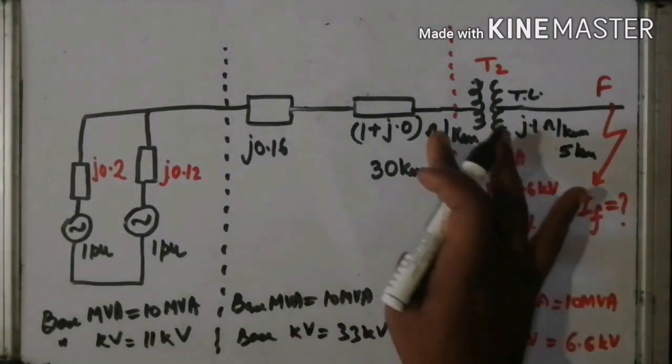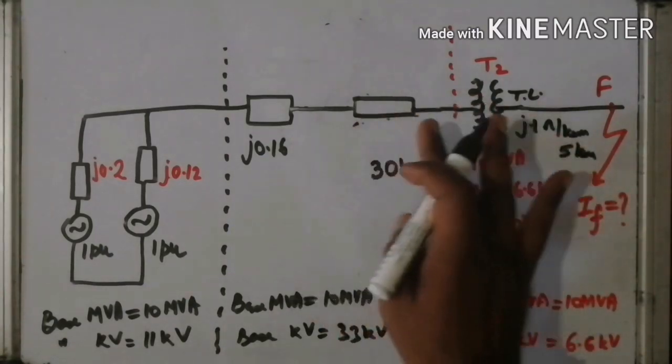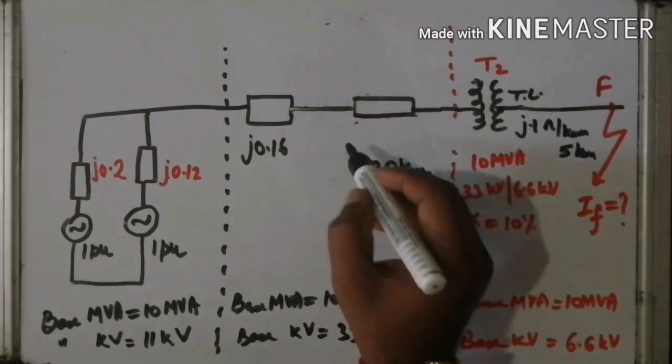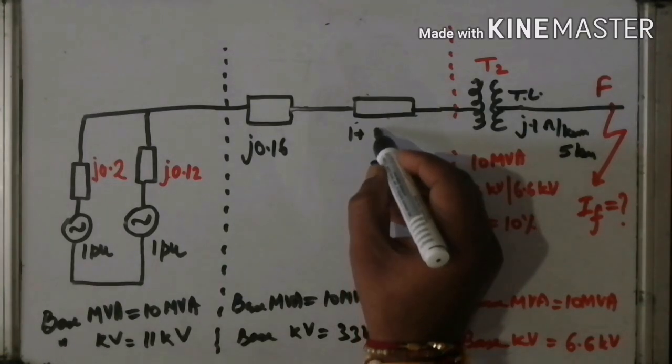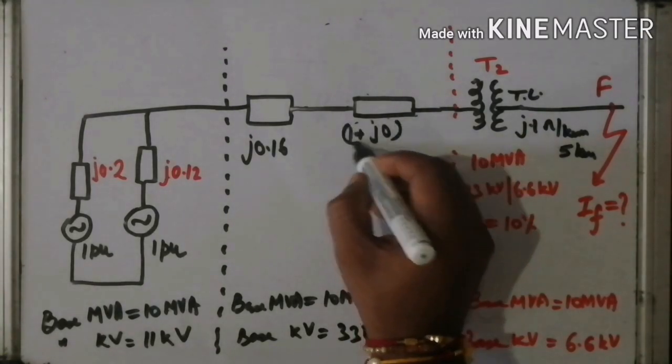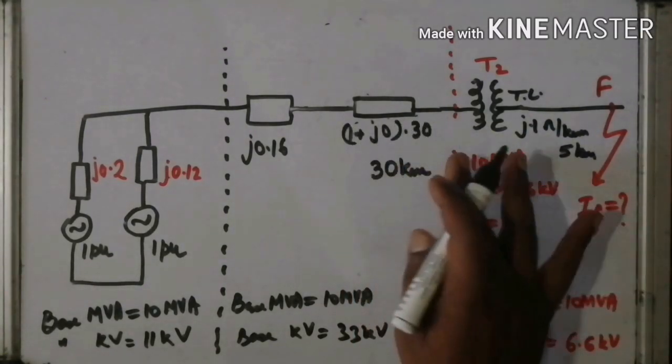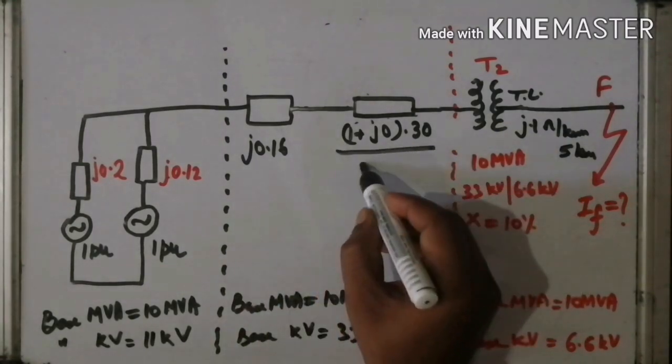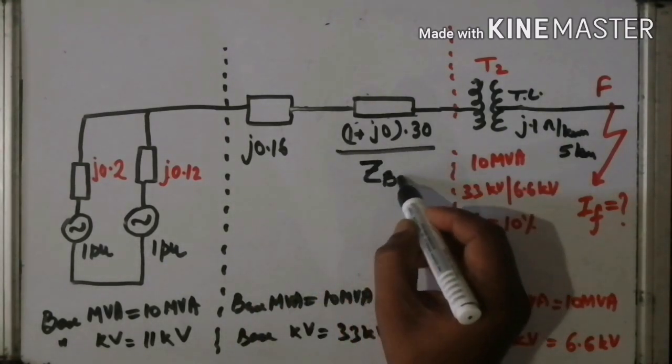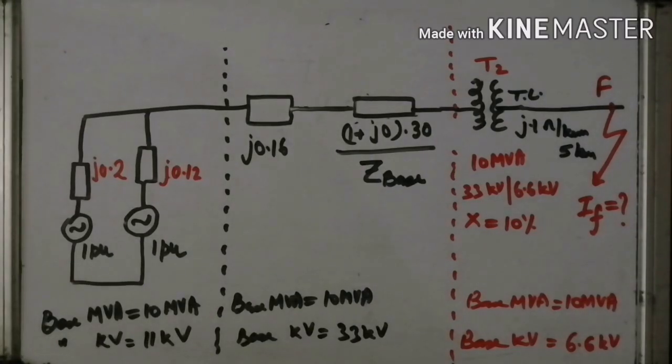It will look like this: impedance (1 plus J0) into 30 divided by Z base.